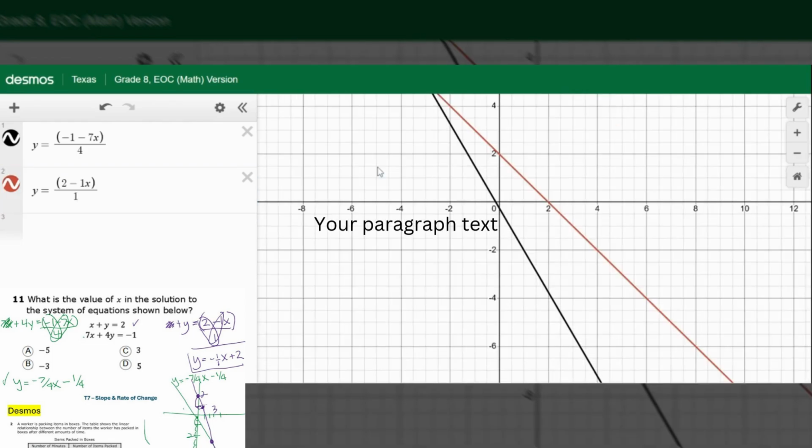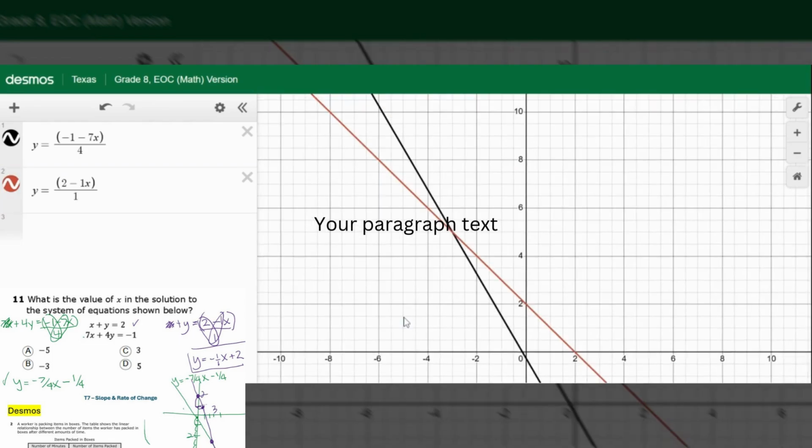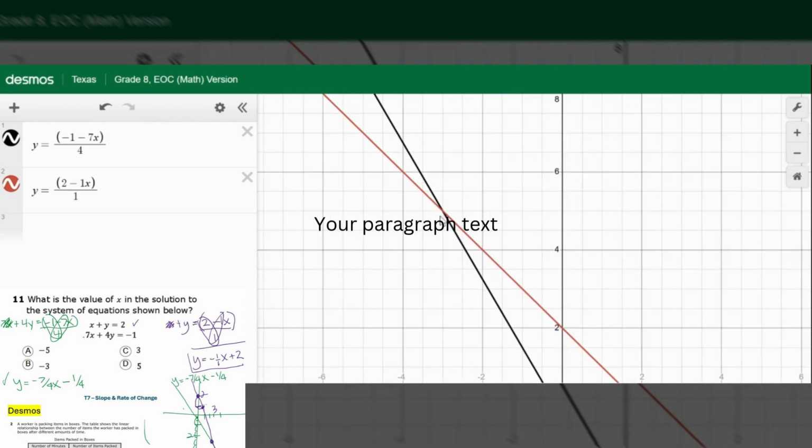Here we go. So, the question is, what is the solution? Remember, the word solution is the intersection, the value of x, negative 3. That was our answer earlier. Negative 3, letter B.